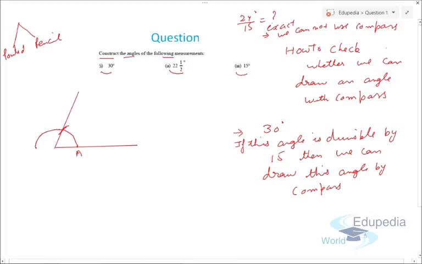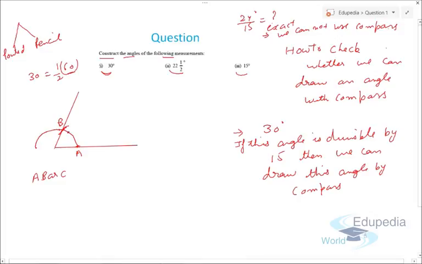Now we need to draw 30 degree. 30 is half of 60, so this means we need to bisect the 60 degree angle. How can we bisect? We need to open the compass for this arc, let's say arc AB, more than half of AB.